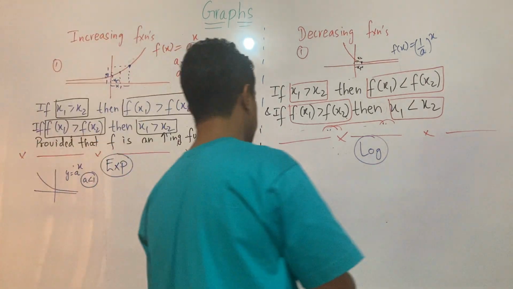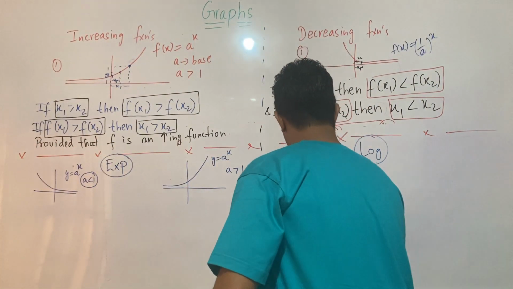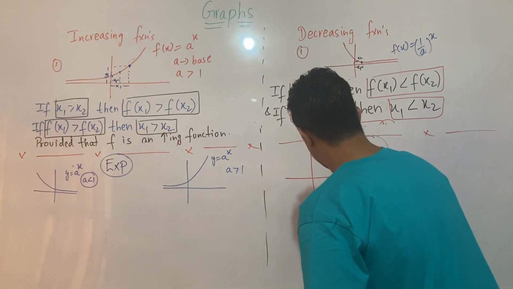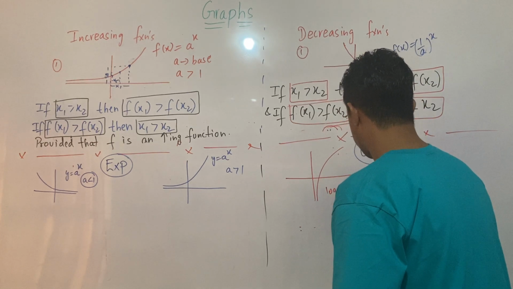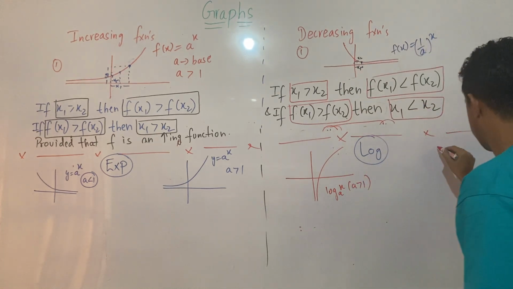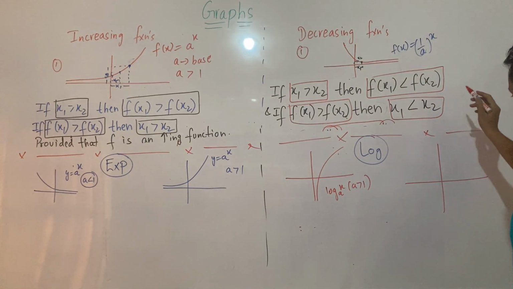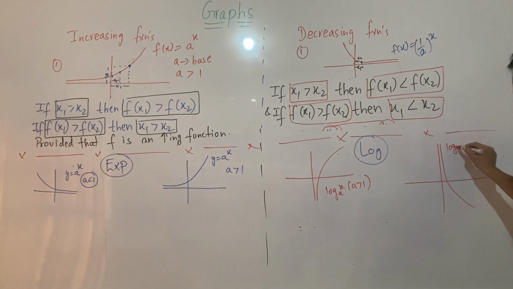On this side, for logarithmic functions, your graph is going to be like this. This is log of x to the base a, where a is greater than 1, and this is log of x to the base a, where a lies between 0 and 1.